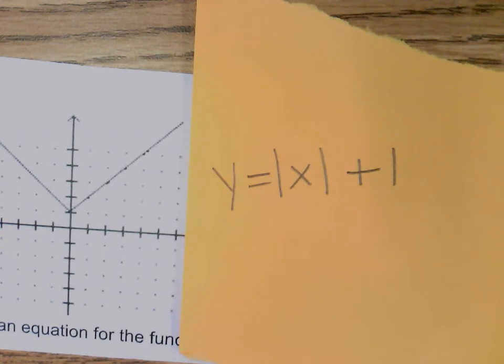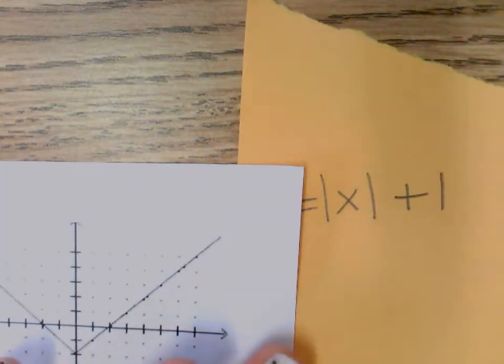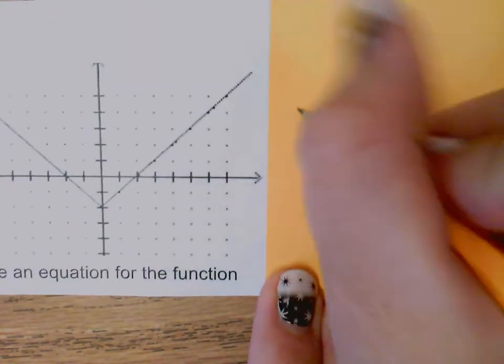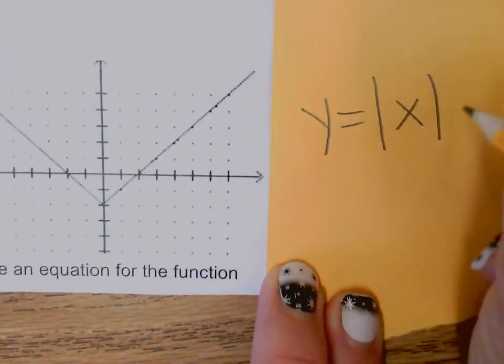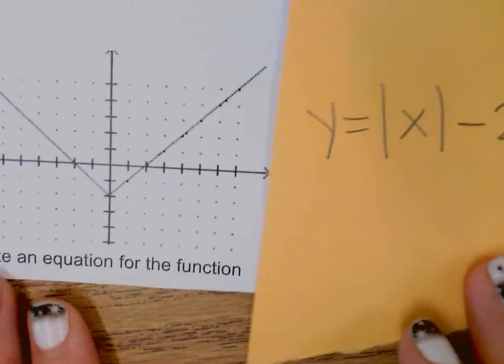And it's not opposite anymore. Plus actually means going up. So minus is what would mean going down. So for the down, sorry, it would be y equals the absolute value of x minus 2. Shifts that guy down 2.